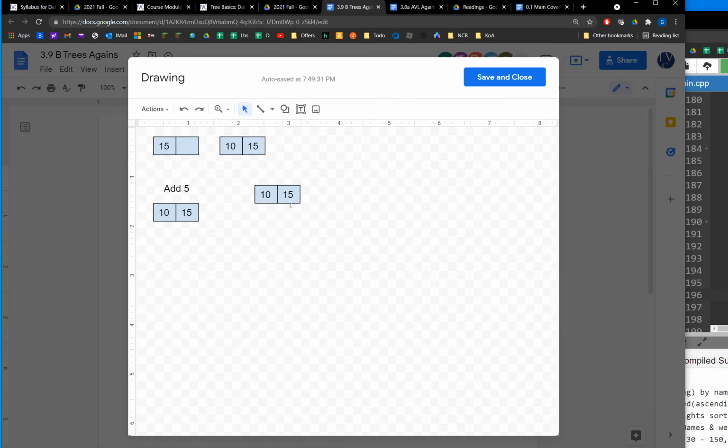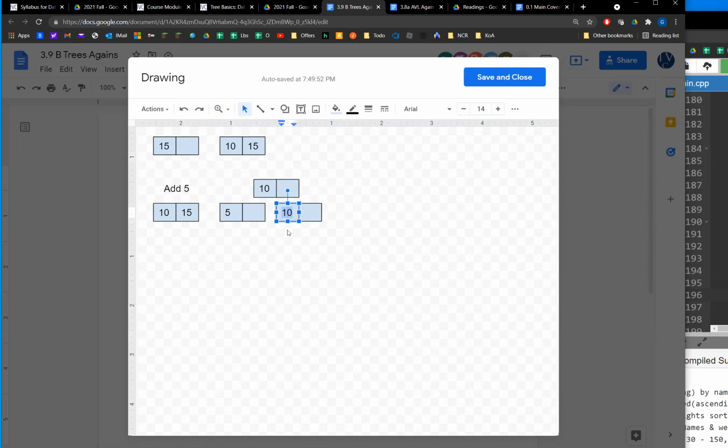So we'll have 10 going up the tree. We'll have 5 inserted into our existing node, and 15 into a new node.